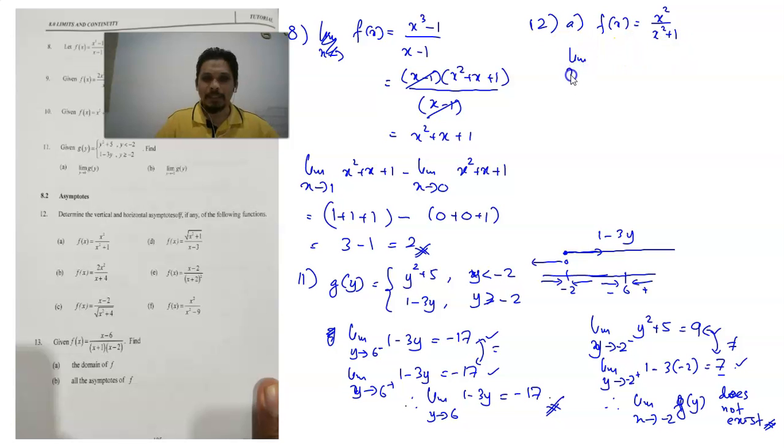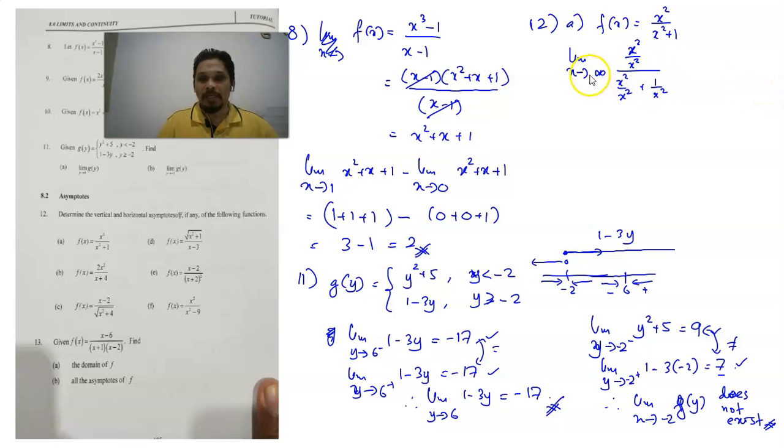The limit as x approaches infinity, whether negative or positive, is the same. The highest degree of x in the denominator is x squared, so we divide by x squared: x squared over x squared divided by x squared over x squared plus 1 over x squared.